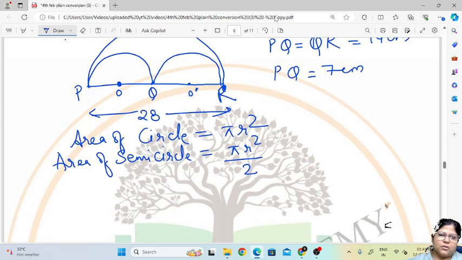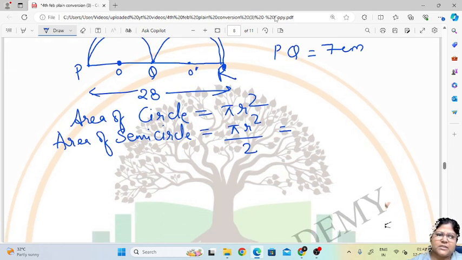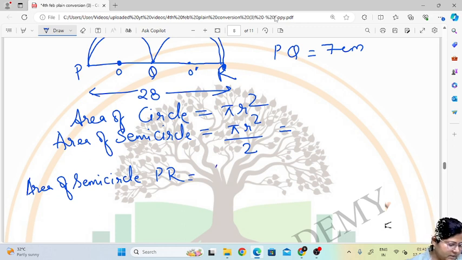Okay, so now keeping the value, we are finding out first for the whole semicircle PR. First, area of semicircle PR. So pi, they have told that pi value you have to put as 22 upon 7.